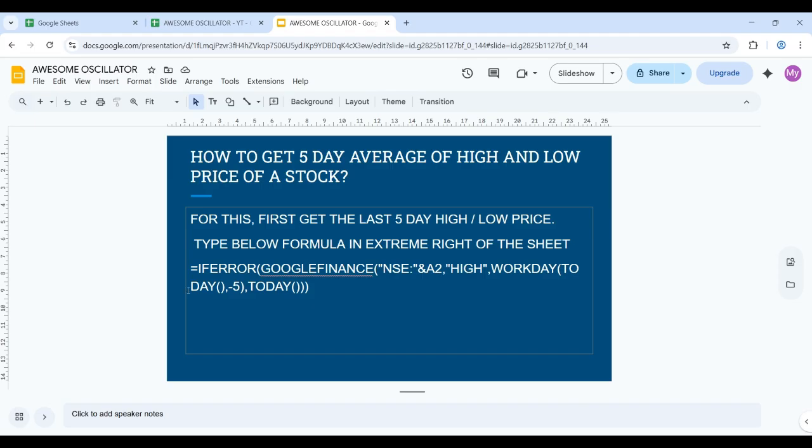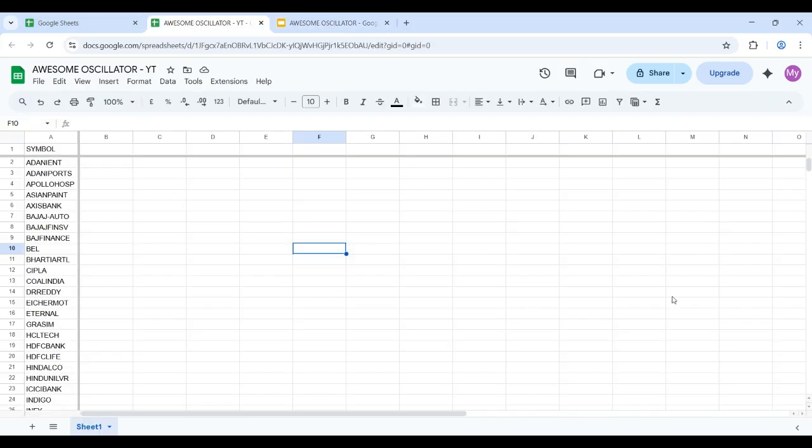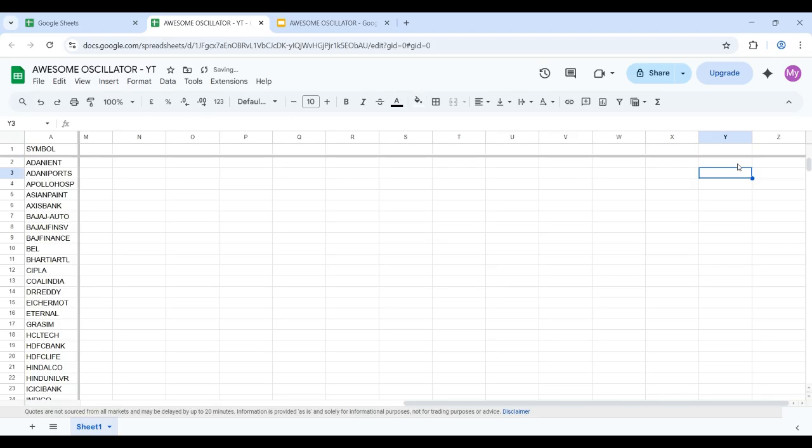Okay, so what we do is we will first type this formula on the extreme right side. Input is equal to, and change the date type.